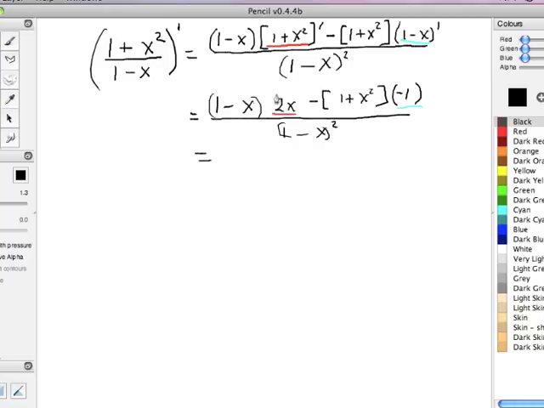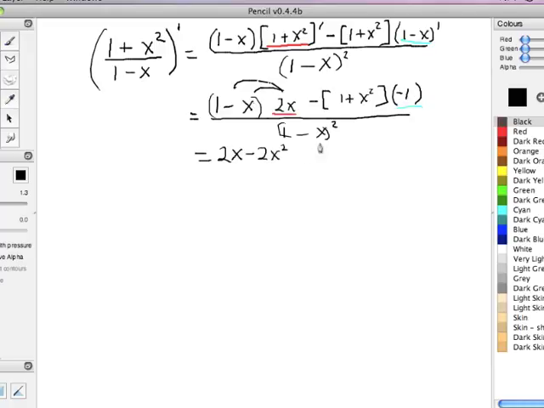So what is that? Let's distribute this 2x over both terms. You see the algebra here, right? The possibilities for making an algebra 1 mistake are huge, so we have to be very careful. Now this is minus (1 plus x squared) times a negative 1. If I remember order of operations, it's parentheses, exponents, multiplication, division, addition, and subtraction.